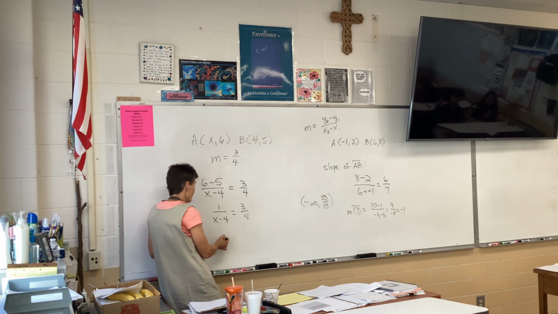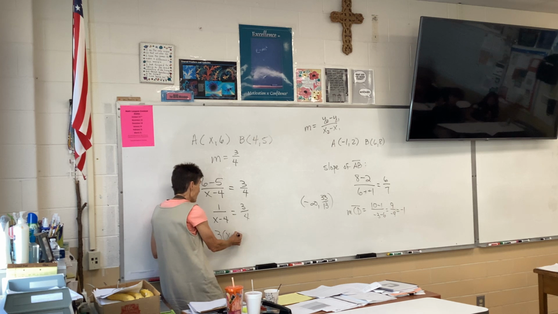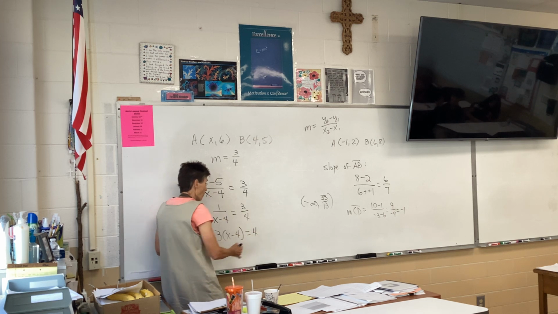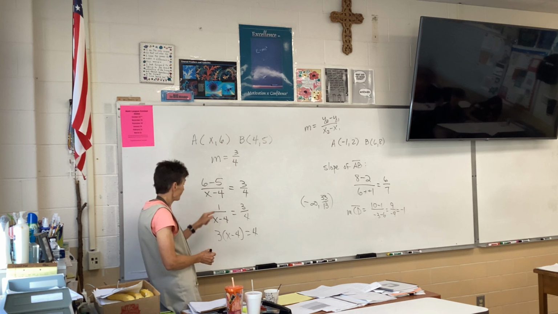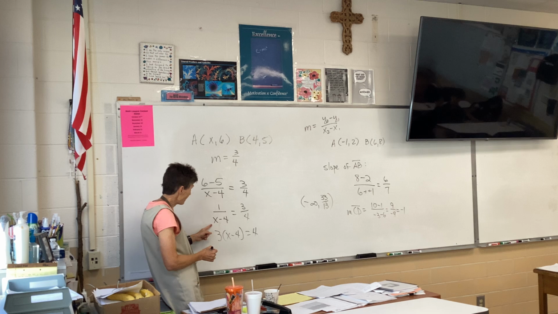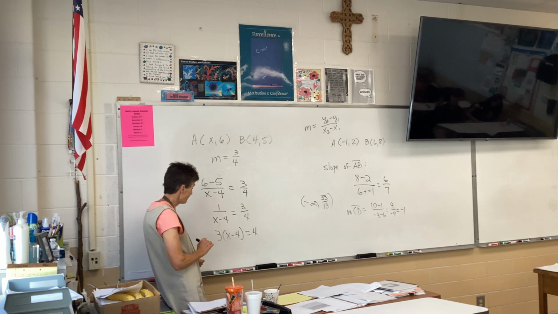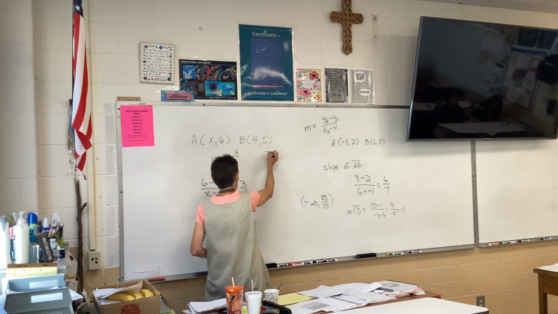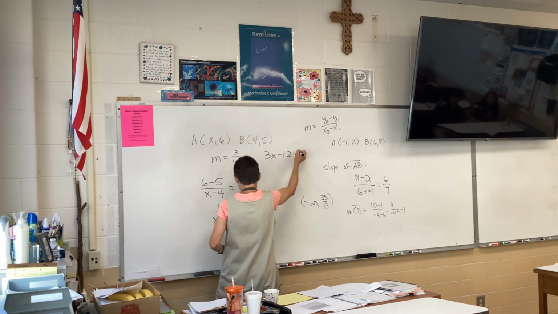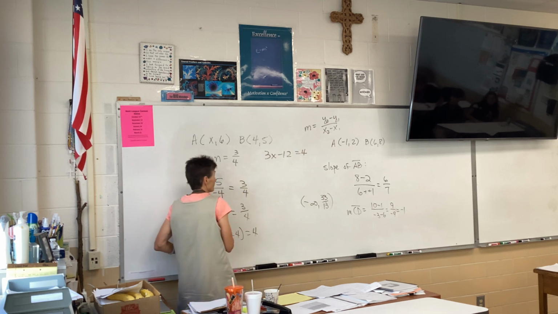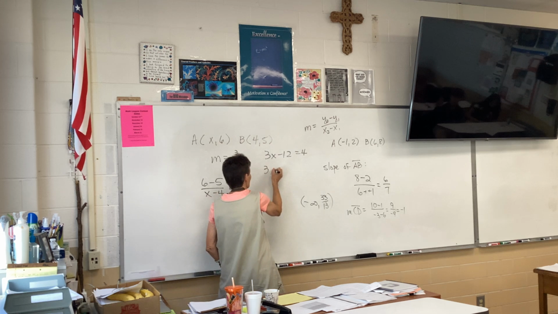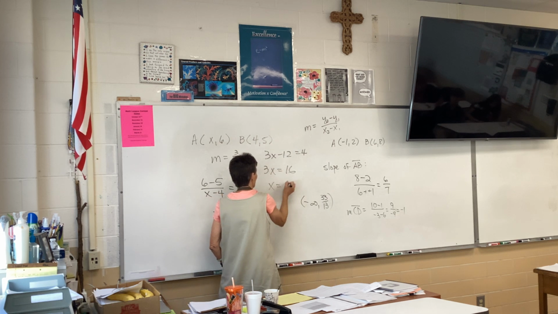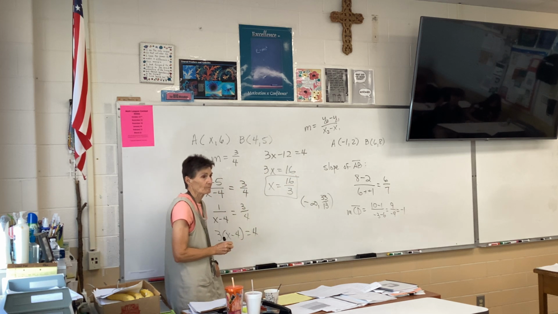So we have 3 times x minus 4 equals 4. So 3x minus 12 equals 4. 3x equals 16 and x equals 16/3. So there's the answer to the question.